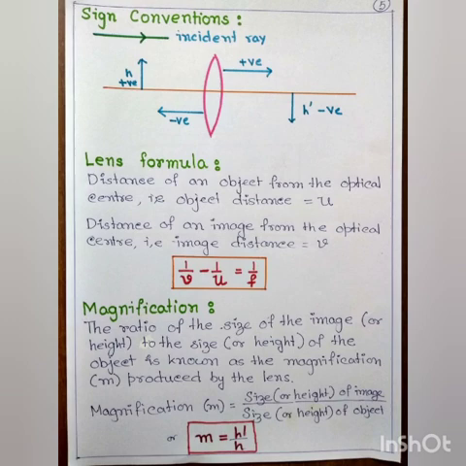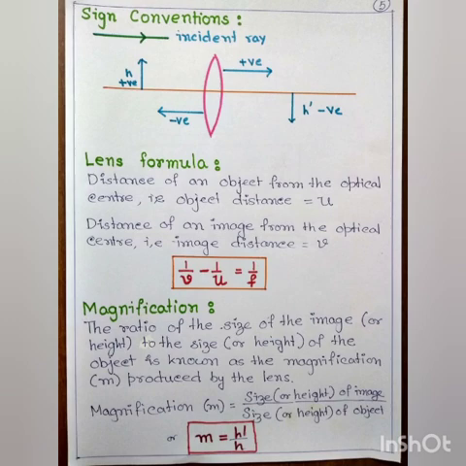Next we will discuss the lens formula. Now the distance of an object from the optical center, which is the object distance, we will denote by small u, and the distance of an image from the optical center, that is the image distance, we will denote by small v. And the lens formula is 1 by v minus 1 by u equals 1 by f.